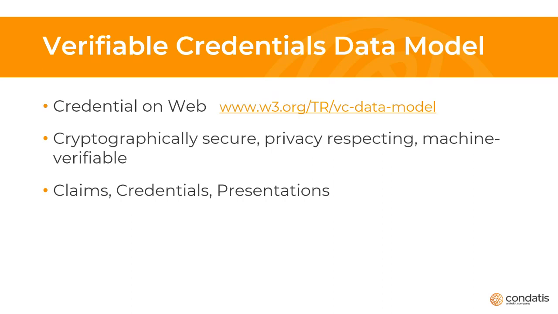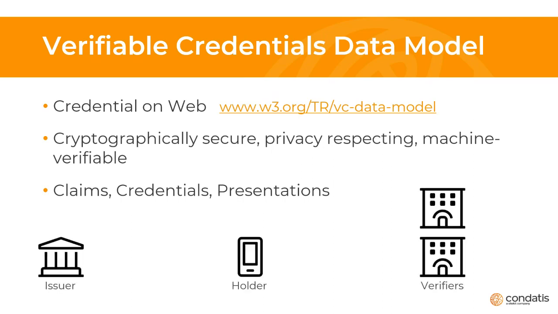Here's an overview of how a verifiable credential can be used. So first, an issuer issues a credential, and the holder accepts the credential in their wallet. And this could be, for example, a driver's license that is issued to a person after they pass a driving test.